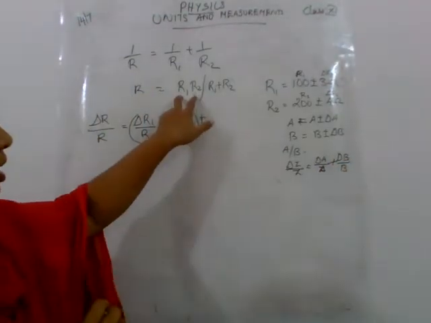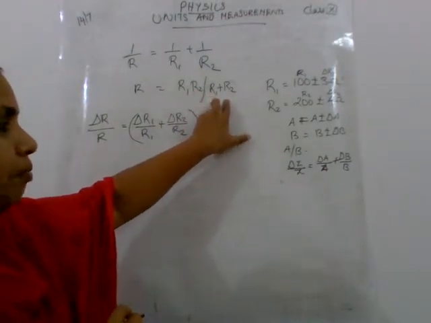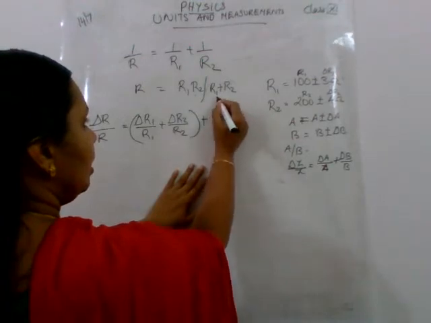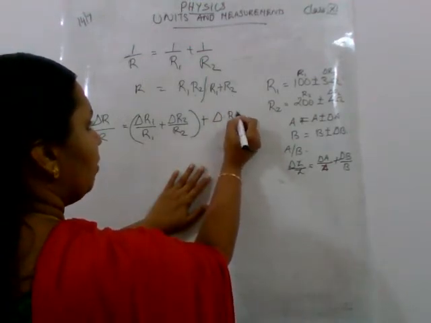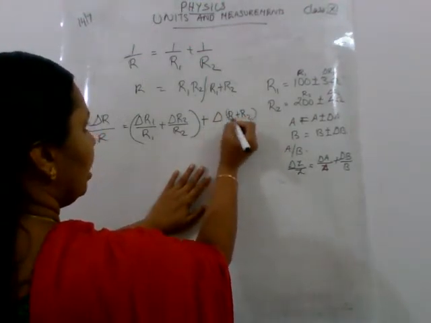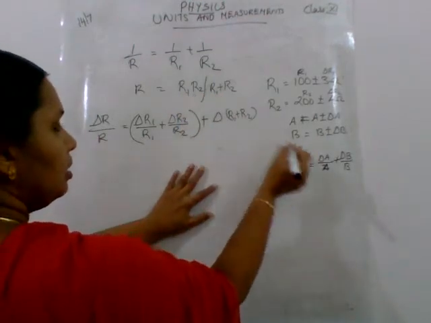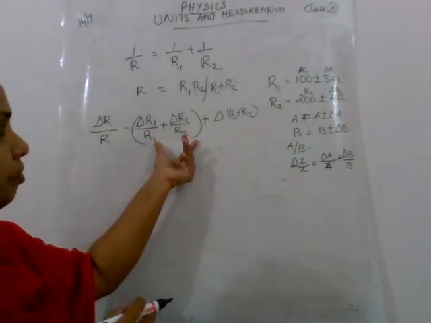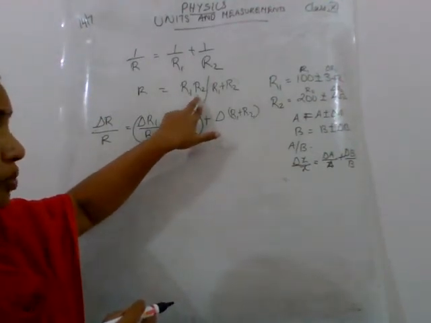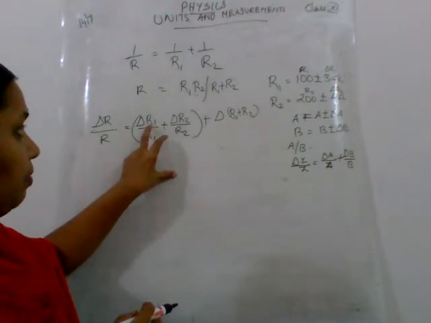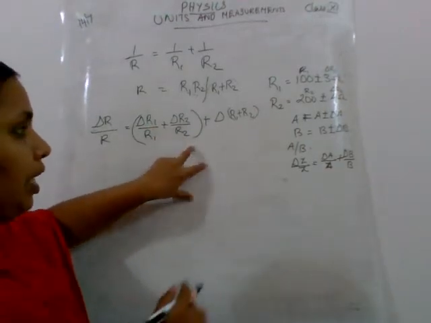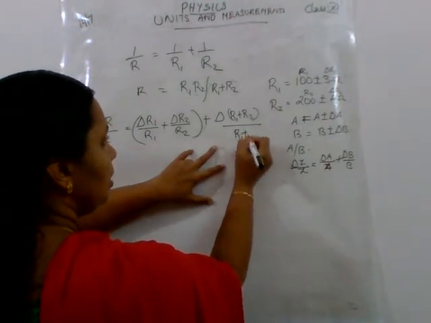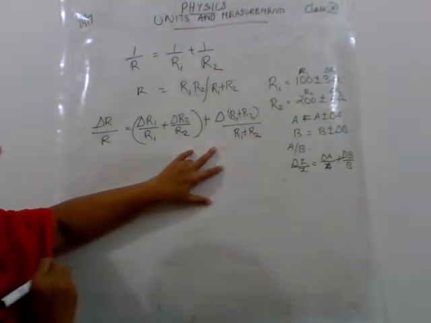Here B is R1 plus R2, and A is the product of R1 and R2. That is why we are going for the sum of this. So delta B by B, what is B? R1 plus R2.